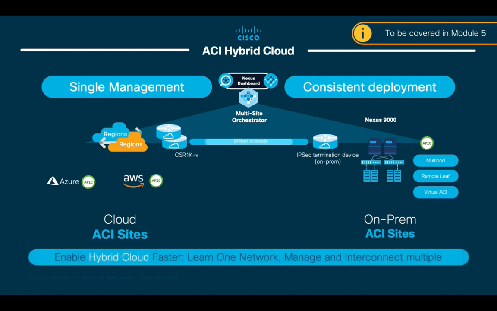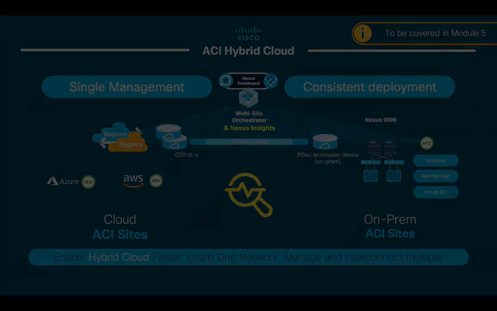Through Multi-Site Orchestrator, we can automatically extend MPBGP and VXLAN connectivity over VPNs or physical dedicated connections like Direct Connect and ExpressRoute, while providing complete visibility, telemetry, and AI-assisted proactive operations when running Nexus Insights as well. ACI provides you with a better, simpler, and secure network, any size, anywhere, and on any cloud.